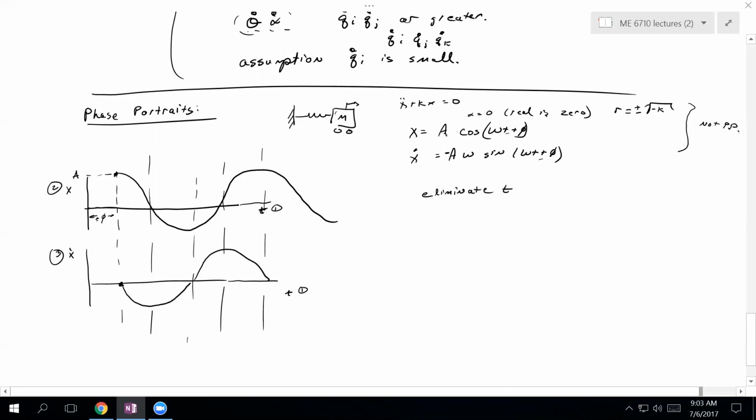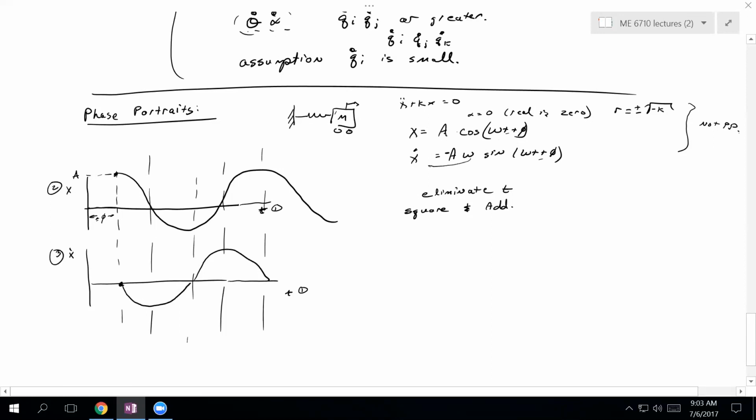I can do that here by squaring and adding both equations. By the way, anytime I have a term that's tucked into a sine and a cosine, my Pythagorean identity often will get rid of it. So if I square and add both, I'm going to get A squared cos squared and A omega squared sine squared.